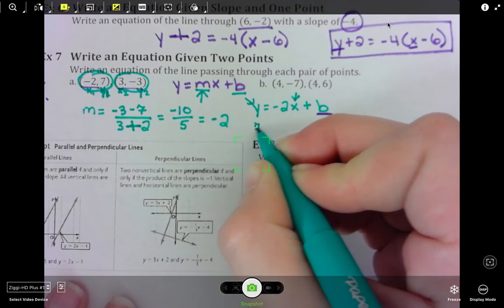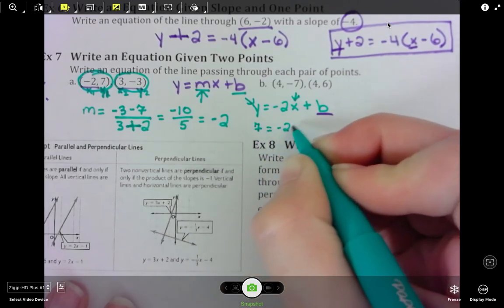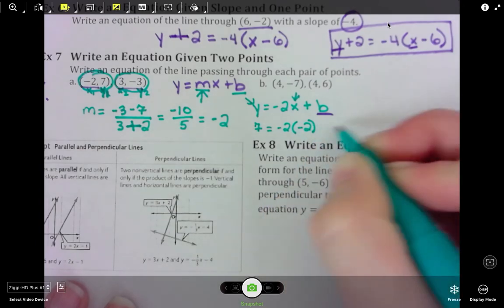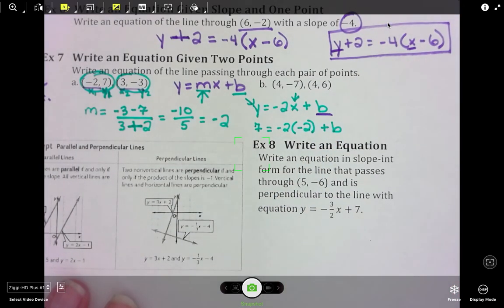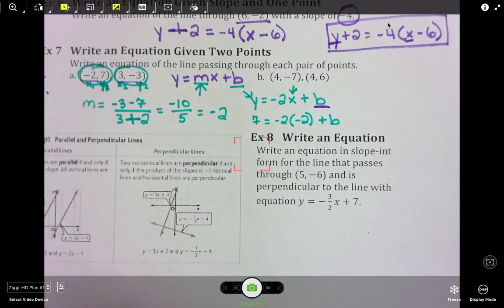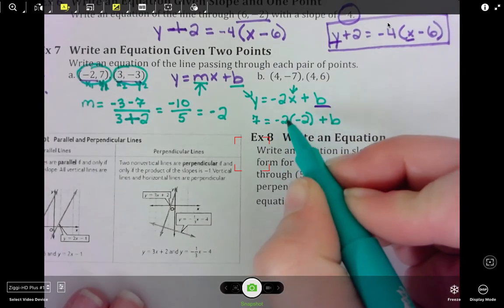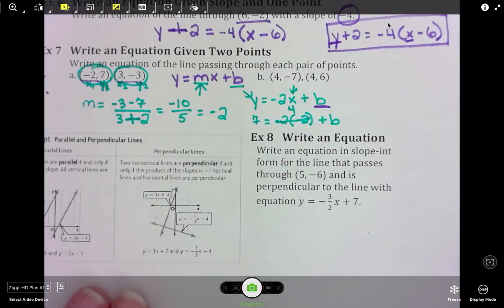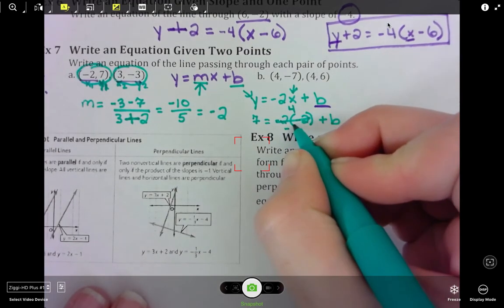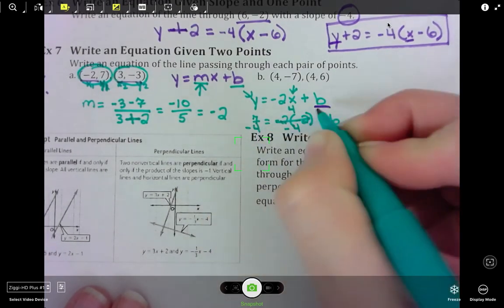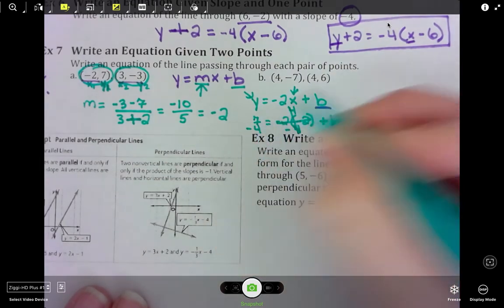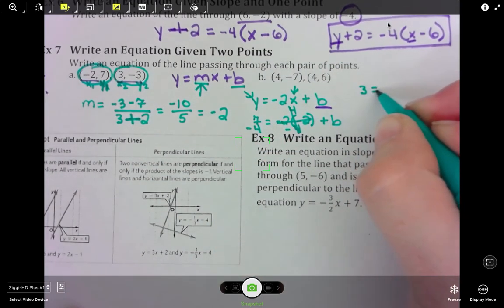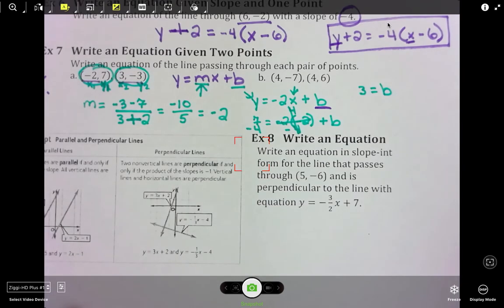So 7 goes in for y, -2 goes in for x, and I still have my b the same. B stays the same, all right? And I'm going to simplify, so -2 times a -2 is a +4. If I subtract 4 from both sides, 7 minus 4 is 3, and 3 is what b is, okay?